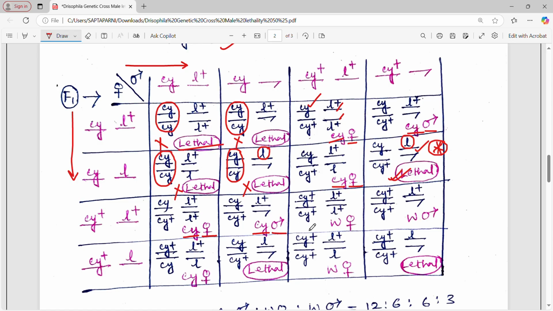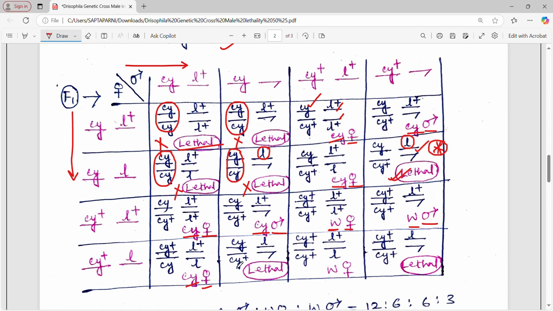CY plus, both the autosomes are carrying wild type allele, so it is wild type fly with L plus, that means it is a female. Then here also both the autosomes are carrying wild type alleles, so it is wild type, and as it has 1 X 1 Y chromosome, it is wild type male. Then CY plus, CY with L on both X chromosomes, so it is a Curly female.